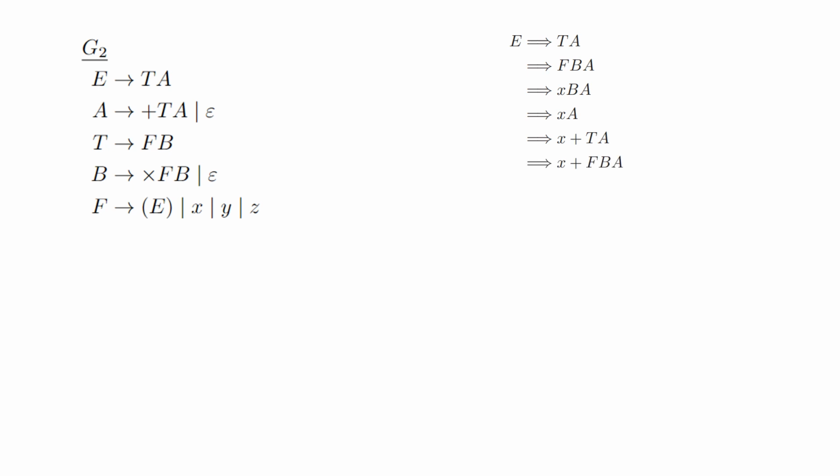I'm going to replace T with FB, F with y, then going to get times ZBA, y times ZA, and then A with epsilon. And so in this case, I've replaced the string. And I got the same thing that I did with G1, but I did it in such a way that there's actually only one way to do it. So in this case, this grammar is unambiguous.